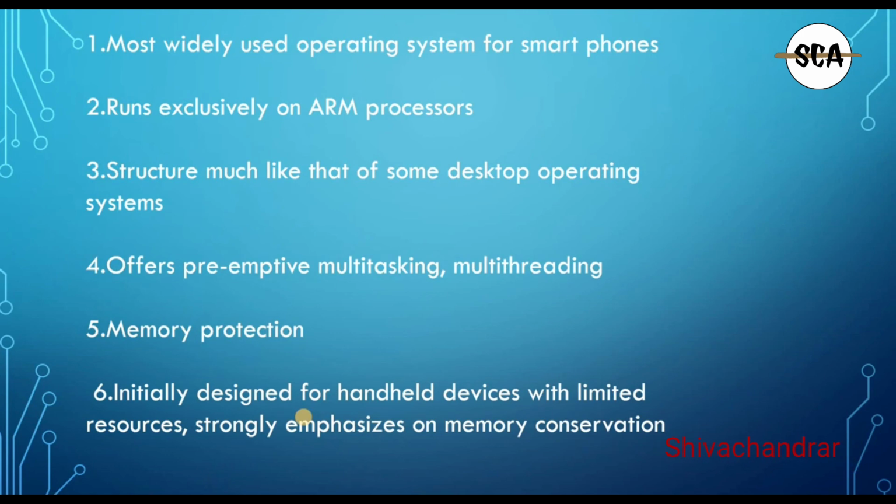So the features of Symbian OS: most widely used operating system for smartphones, runs exclusively on ARM processors, and its structure is much like that of a small desktop operating system, offers preemptive multitasking, multi-threading, memory protection, and initially designed for devices with limited resources and memory conservation.